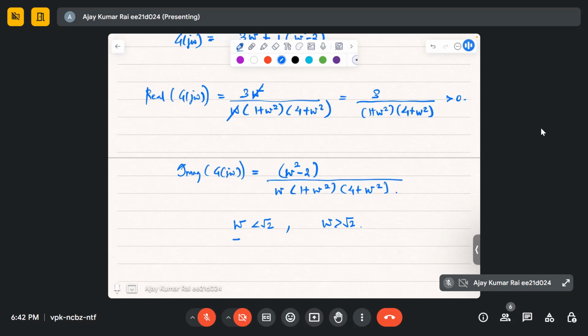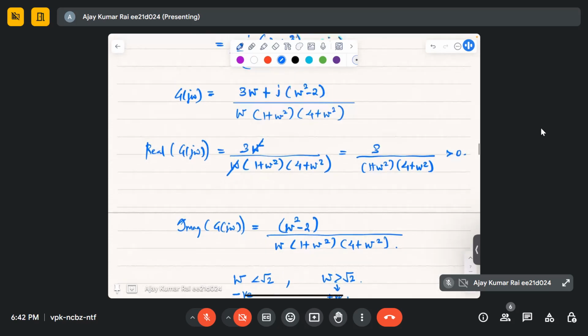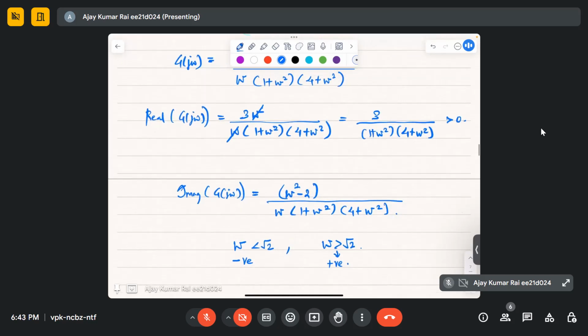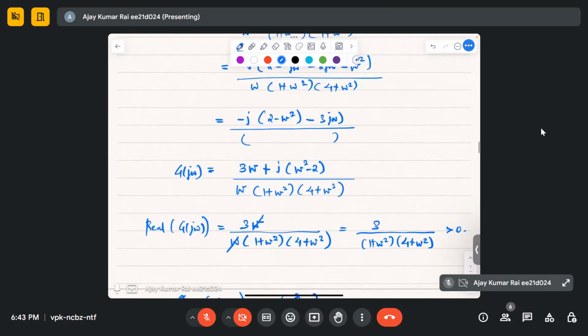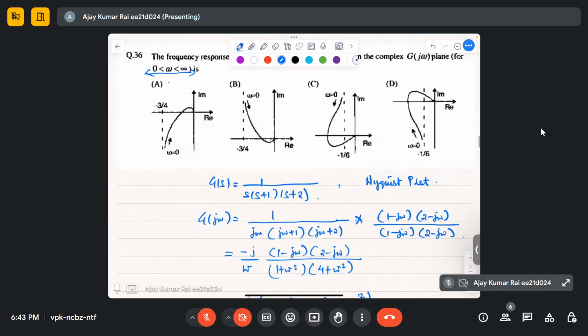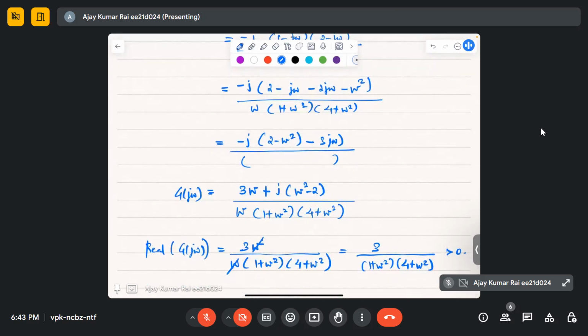Okay, so in this case it's negative and in this case it's positive, right? Okay, you just put some omega value and see here in this equation. Okay, so what we can see, real part is always positive, but I'm getting positive, okay, because from the graph I should not get positive, somewhere I have done a mistake.